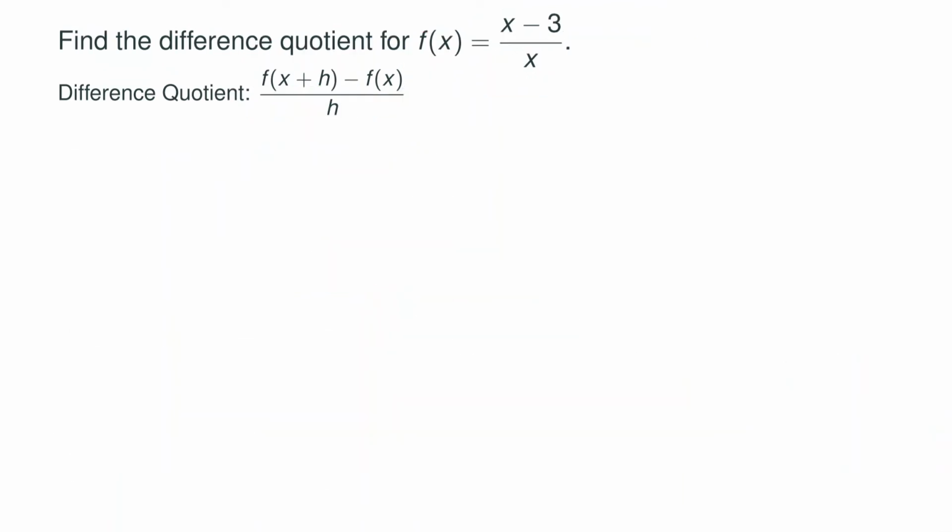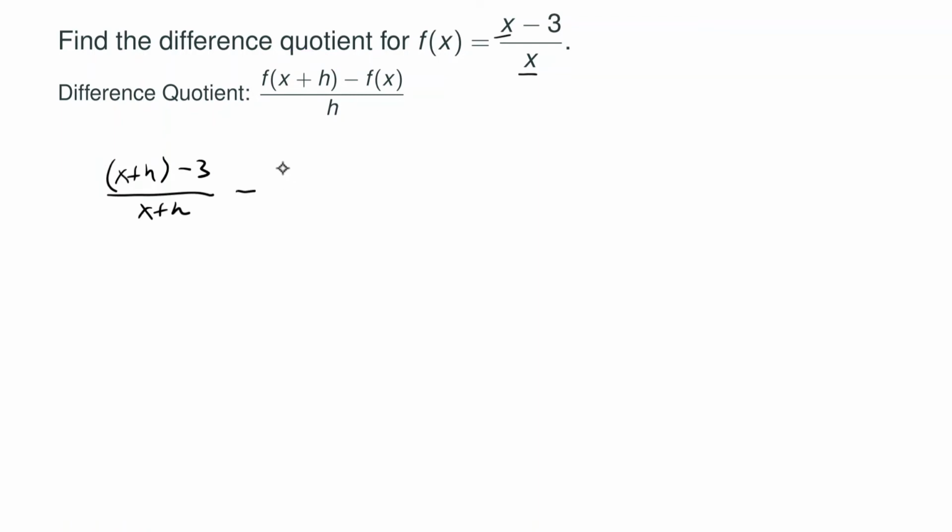Find the difference quotient for the function f of x equals x minus 3 over x. So let's write it first. f of x plus h: instead of x, we write x plus h minus 3 over x plus h. So this right here represents f of x plus h.